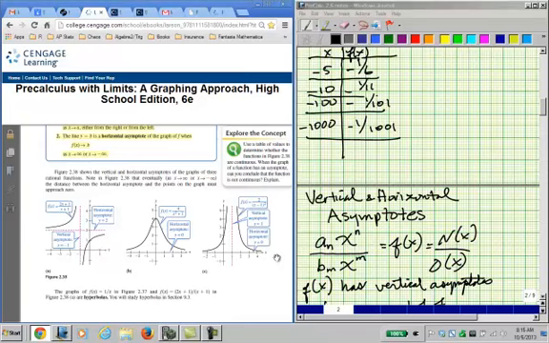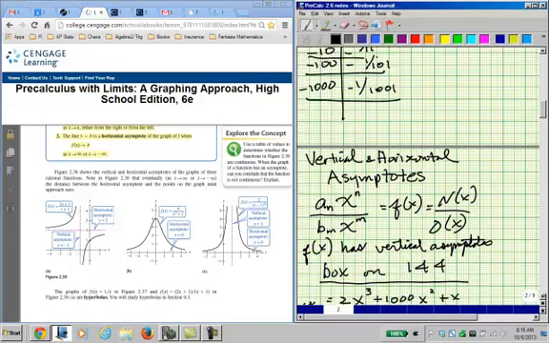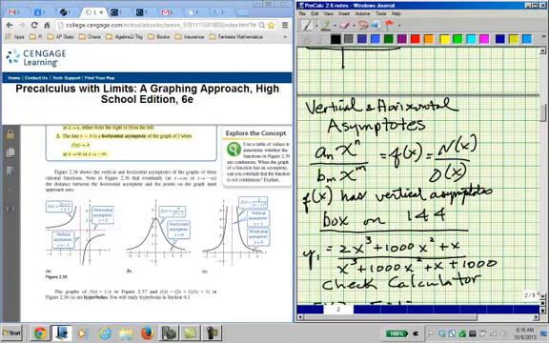The second function, 4 over x squared plus 1. X squared plus 1 has no real zeros, so the domain is all reals.